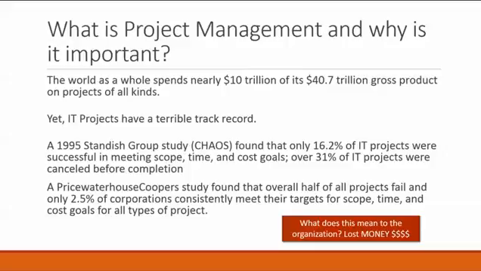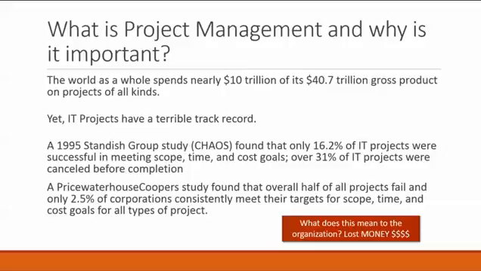As a matter of fact, in 1995, the Standish Group found that only 16% of IT projects were actually successful in meeting their scope, time, and cost goals, and over 31% of IT projects were canceled before completion. Remember, I mentioned not all projects get to the end.